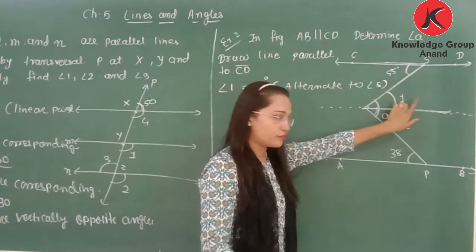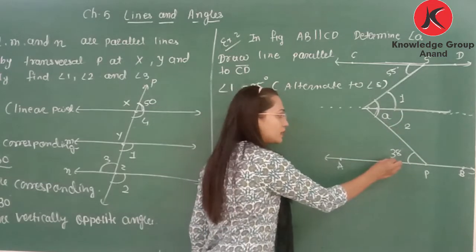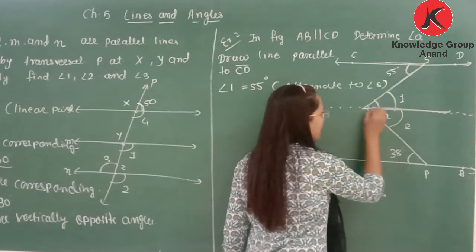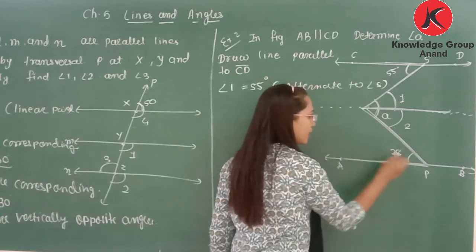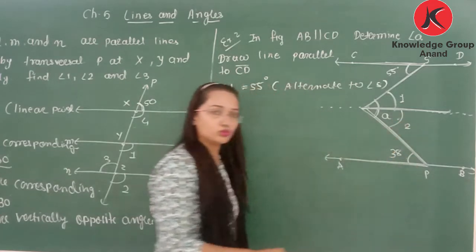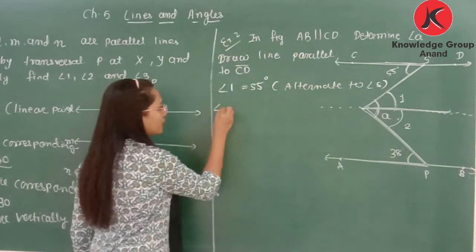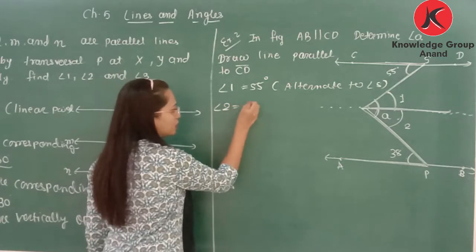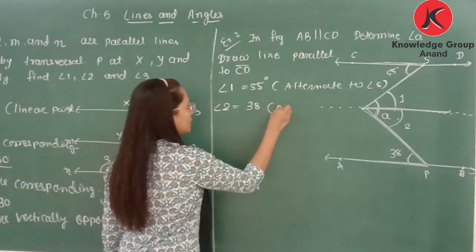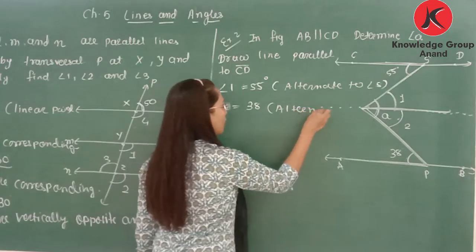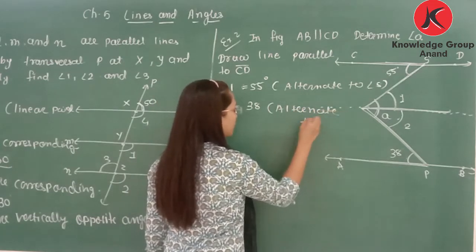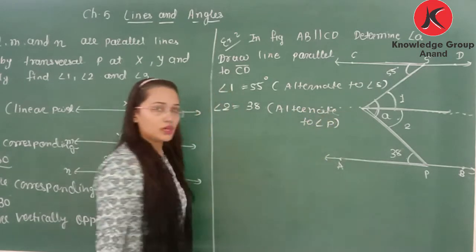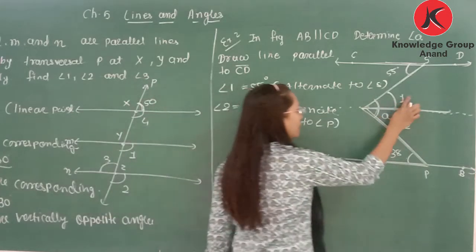So this is also 55. Now this angle is 30. So here it is also a Z form, meaning alternate angles. So angle P and angle 2 are alternate angles. So you can write angle 2 is equal to 30. Reason: alternate angles.